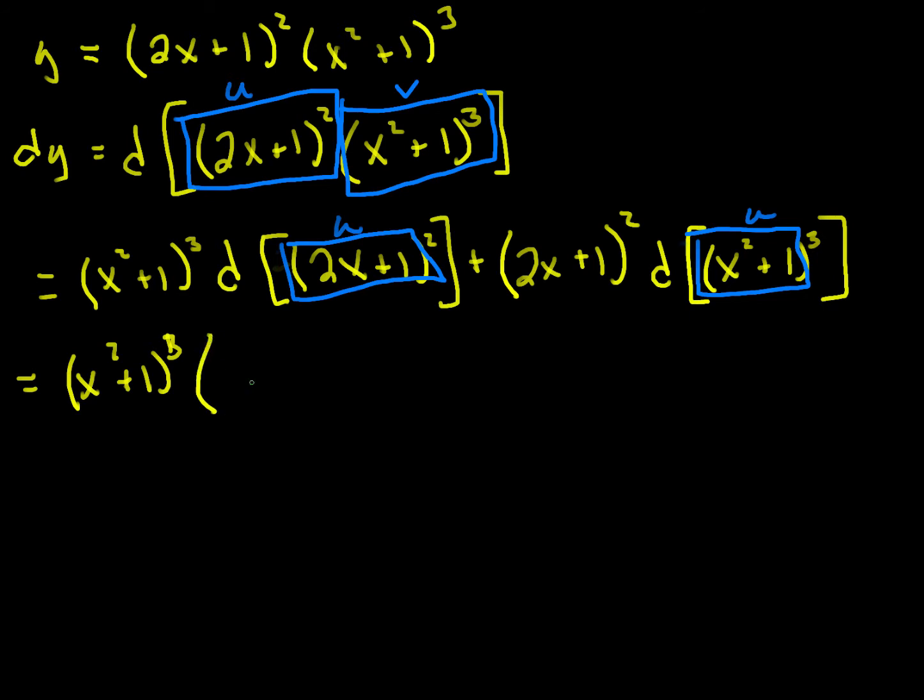Times, so this is 2, the exponent comes down, becomes my coefficient. My u is 2x plus 1. It's raised to the first power, I reduce by 1, and I still have to take the differential of u.